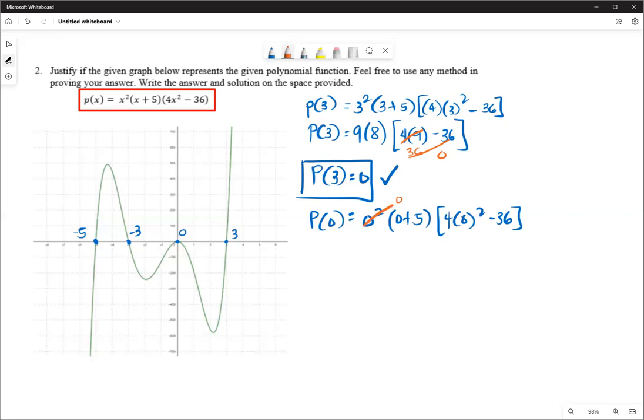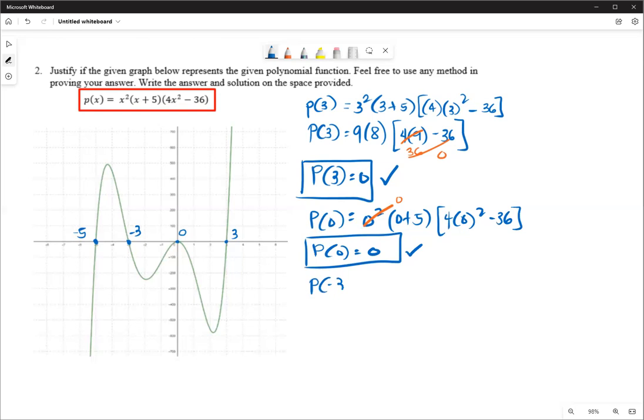Multiplying 0 to the rest of the terms, we end up with a 0 result as well. So p of 0 is also equal to 0, which verifies that 0 is really a zero of our given polynomial function. Let's move on to the third zero, which is -3.